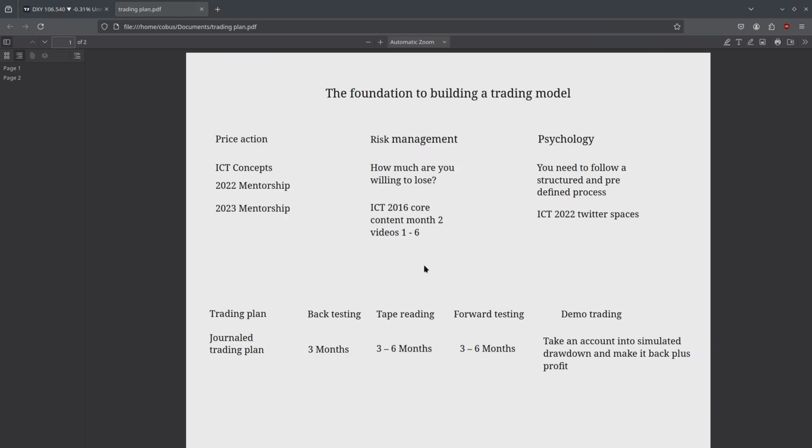Apply the model that you've practiced, that you've journaled, that you've backtested. It's proven itself that it works over and over and over again. Go look at the data that you've collected. Apply that.